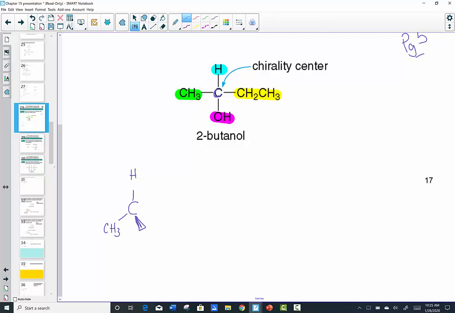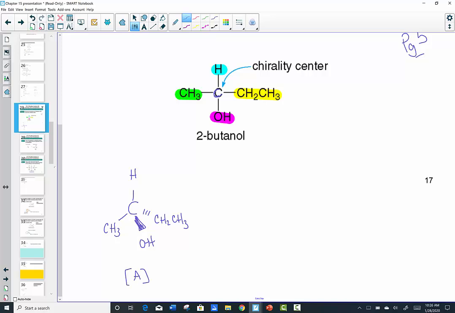I'll make the hydroxyl group, the OH, point out as a wedge, and of course that would leave the ethyl group to be the dash going behind the page. So just draw one enantiomer by placing the 4 different groups on opposite corners using the dash wedge structure. So I'll call that structure A.